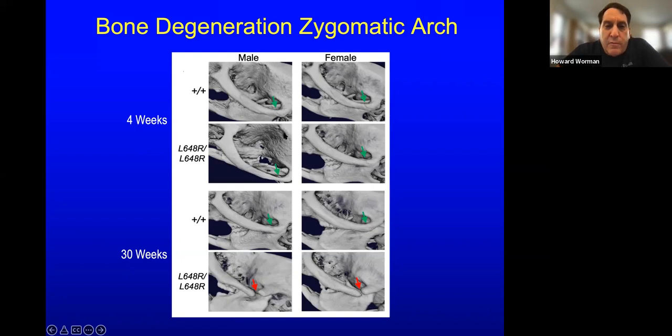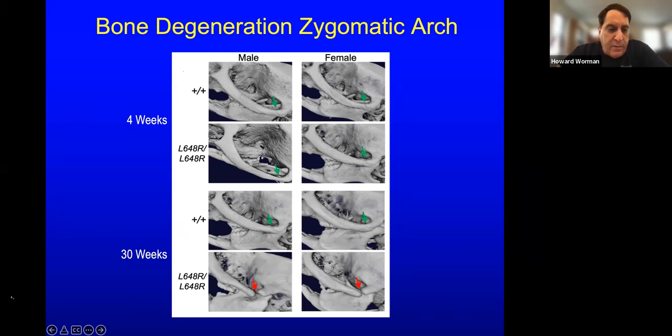So this is a reconstruction of the zygomatic arch of normal and mutant mice. You can see here that the zygomatic arch at 4 weeks of age is mostly normal. But if you look at these same mice at 30 weeks of age, in the wild type mice, the zygomatic arch is mostly normal.